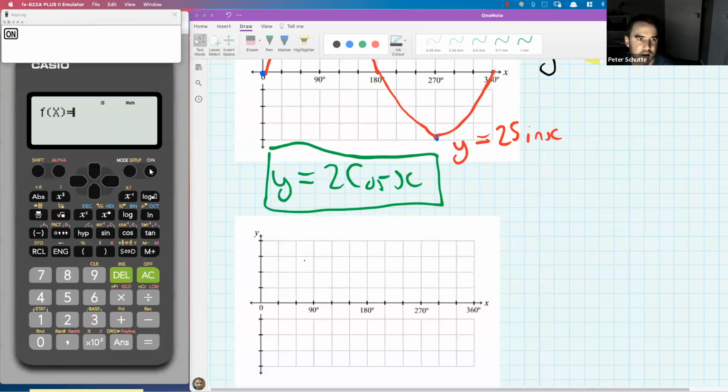Okay, mode. So I click on mode, and then I click on 3, which is table. And now I click on 2, because I wanted 2, and I click on cos. Now I have to click alpha, and then I click the red one and I get an X, and then I close that.